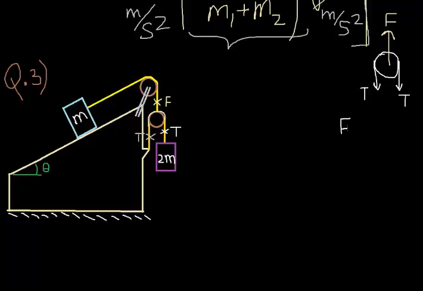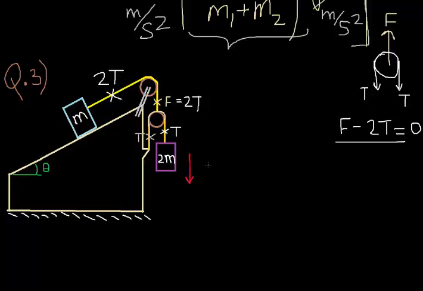So the total force, that is F minus 2T, is equal to 0. From here we conclude that F is equal to 2T. And since this thread is the same all along till the mass M, the tension in this thread is also 2T.